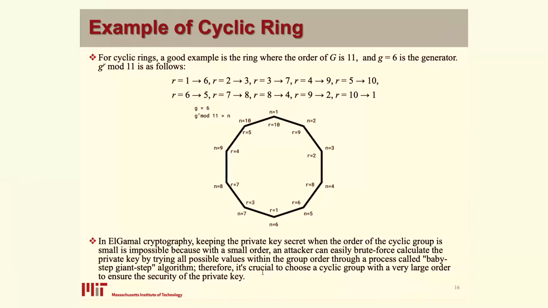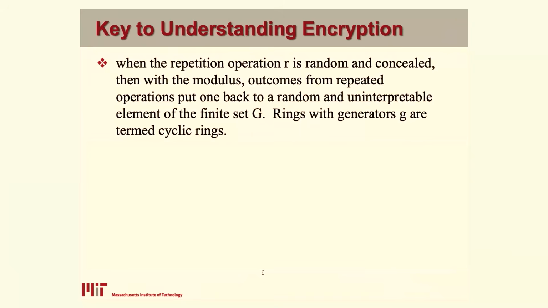So, again, this thing about integers and primes keeps coming back. Things have to be big here for this stuff to be hard to solve. So as a review, partly, when this repetition operator R is random and concealed, then with the modulus, outcomes from repeated operations put one back into a random and unpredictable element of the ring.